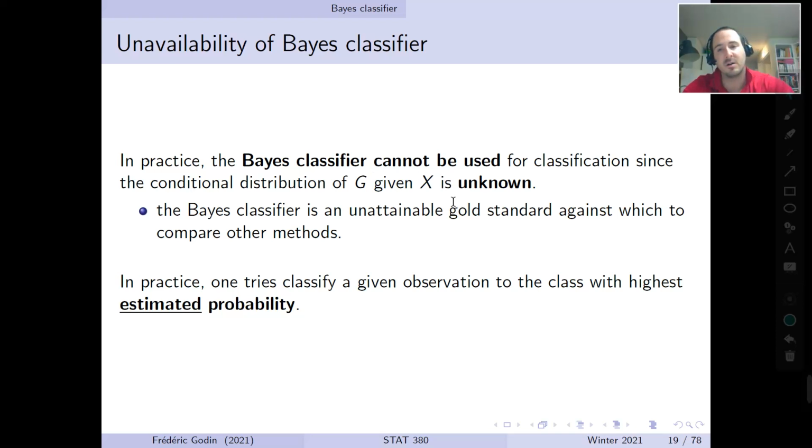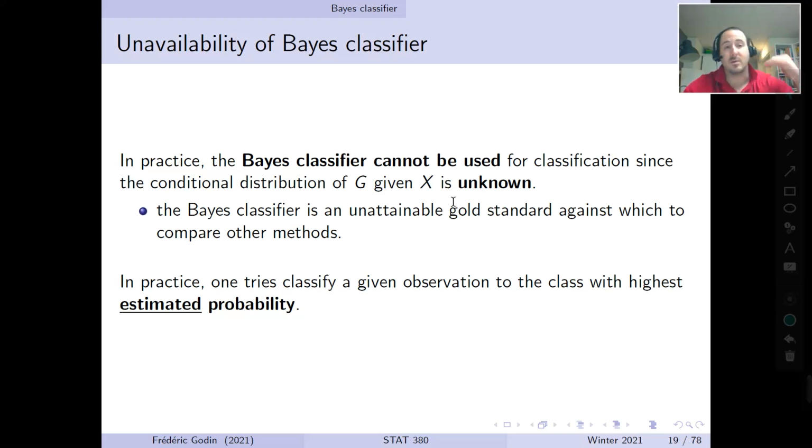So the Bayes classifier is some form of unattainable gold standard in practice, but when we use simulated data or we develop new methods, it's always a good idea to use it as a benchmark to compare with other methods.